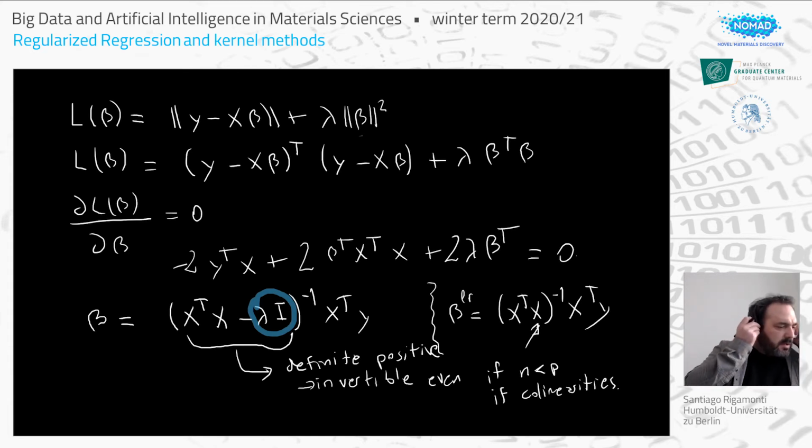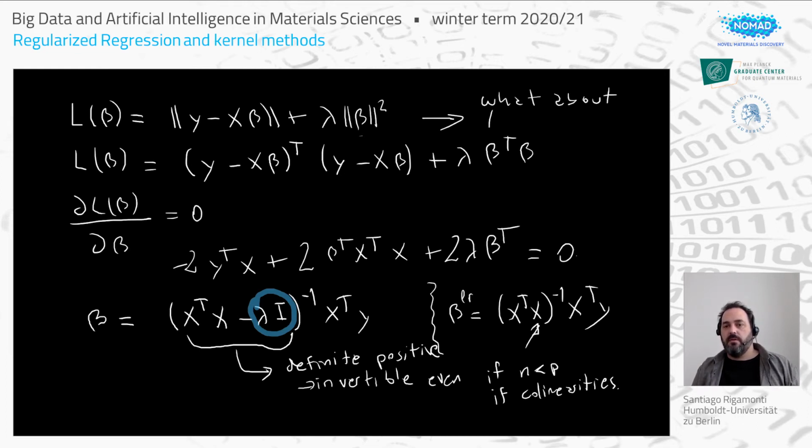Now let me see what I wanted to say about ridge regression. Yes, there is a nice graphical representation of this because this is a Lagrangian, so we can also write this problem as a constrained optimization.